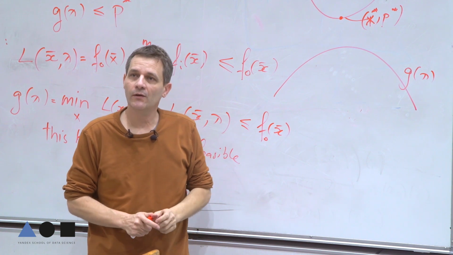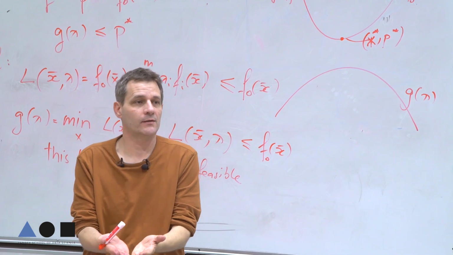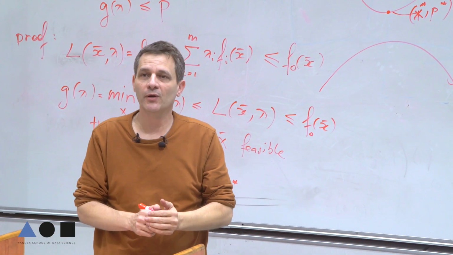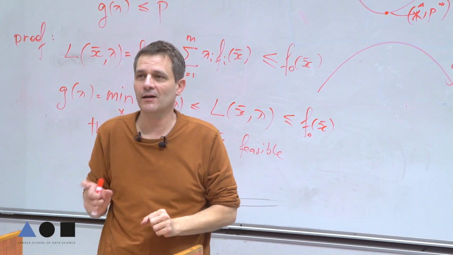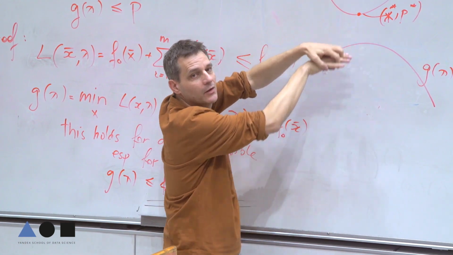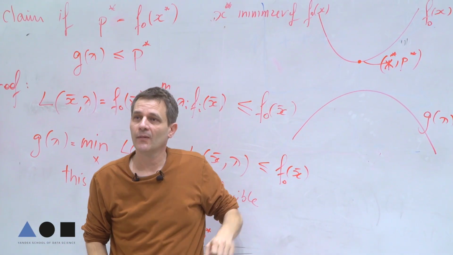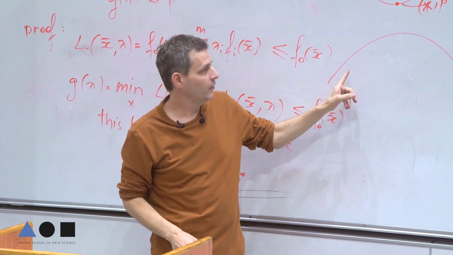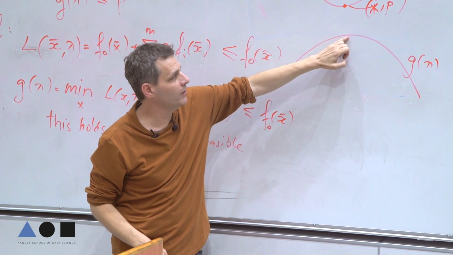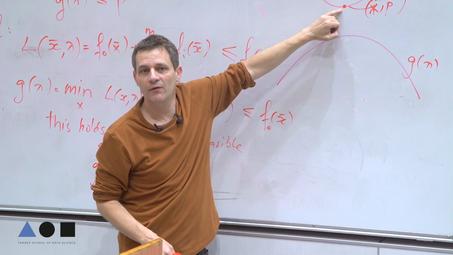It turns out that if your original f obeys some properties, for example, if it is convex and has other properties, then the gap actually becomes 0. So if your original f is a convex function, then the maximum of g is going to be the same value as the minimum of f.